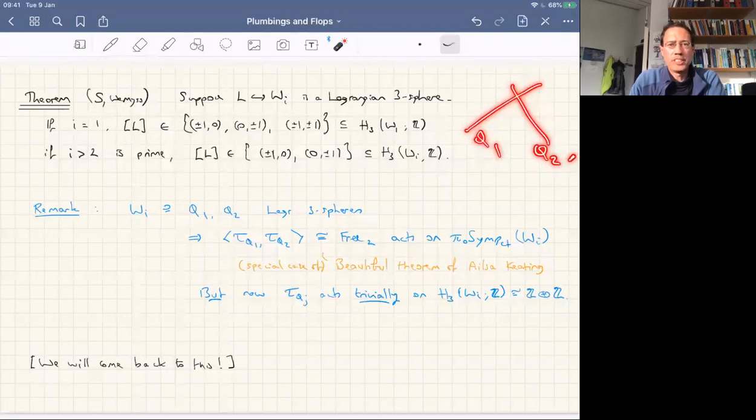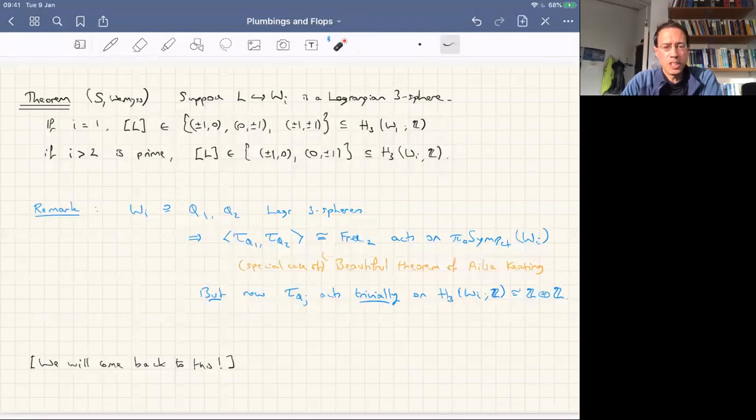Okay, so before, the situation was that all the Lagrangian spheres that we knew about came from some braid group action. So I still have Dehn twists, TQ1 and TQ2, in these given spheres. And it's actually a beautiful theorem of Elster-Keating that these generate a free group, this time not a braid group.